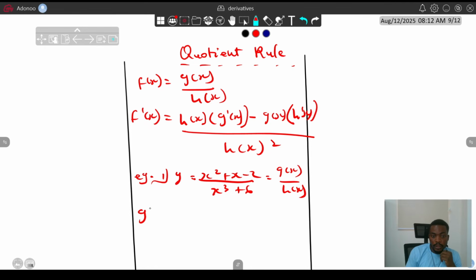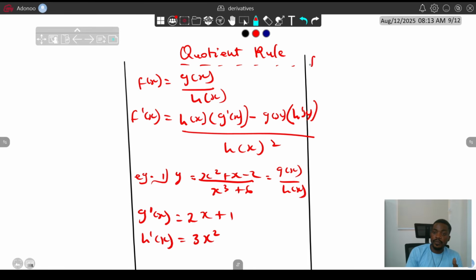So what is g prime of x? G prime of x will give us 2x plus 1, while h prime of x gives us 3x squared. Yeah, 3x squared, right? Because if we differentiate the constant 6, we get 0. So we are just left with substituting it into the formula.